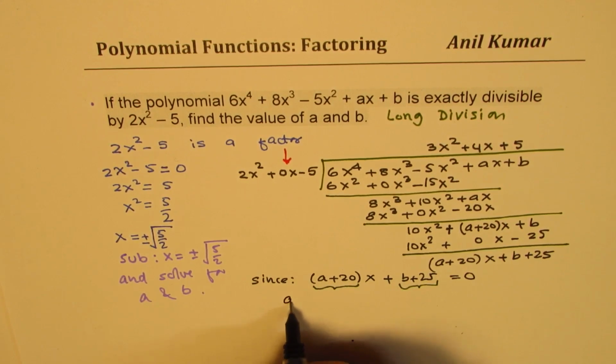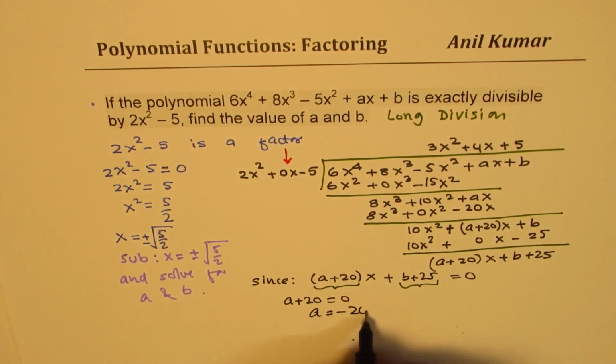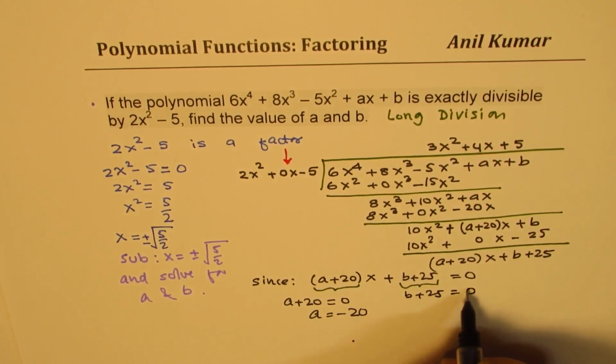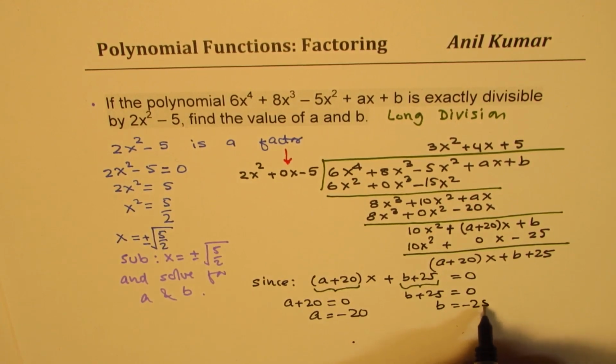So that means that a plus 20 equals 0, or a equals minus 20, and here b plus 25 equals 0, and that means b equals minus 25, correct? So that is how you are going to solve this particular equation, correct?